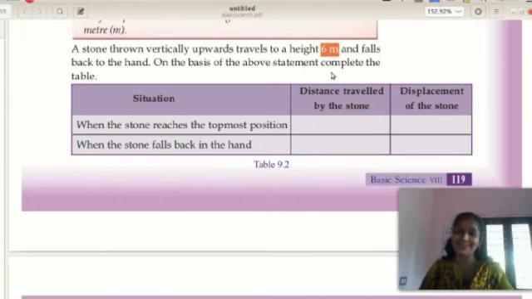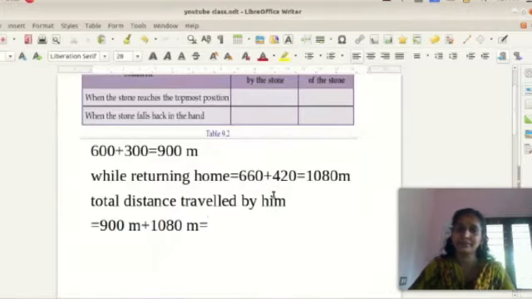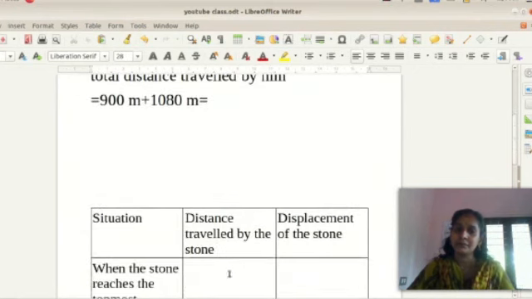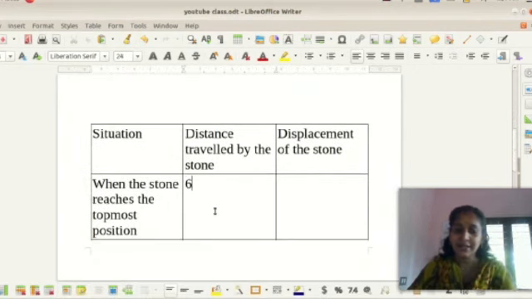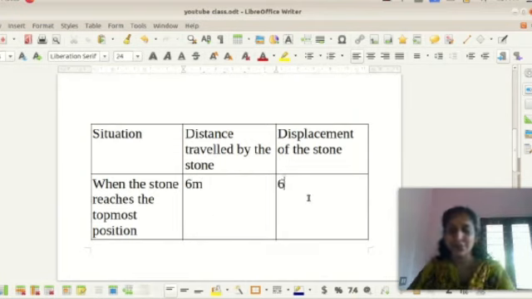You said it. Okay, we can write it in a table. When the stone reaches the topmost position, it travels 6 meters. Displacement of the stone is also 6 meters.